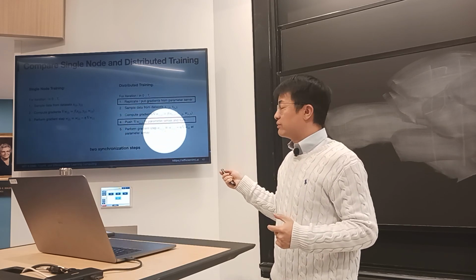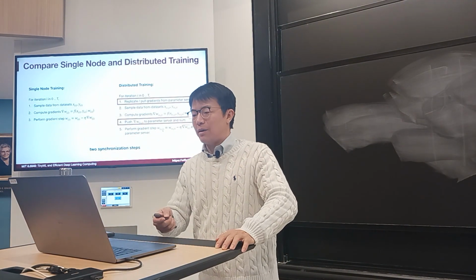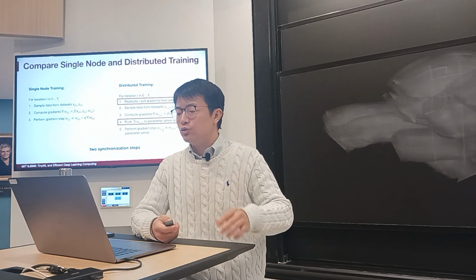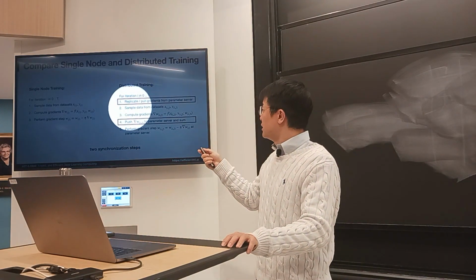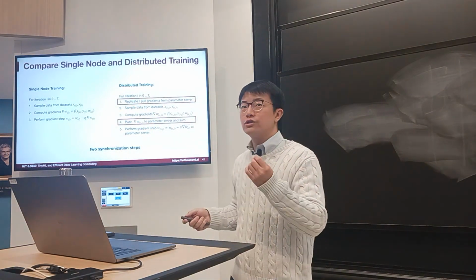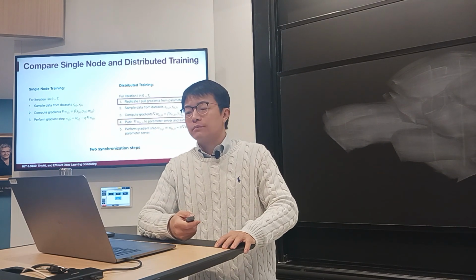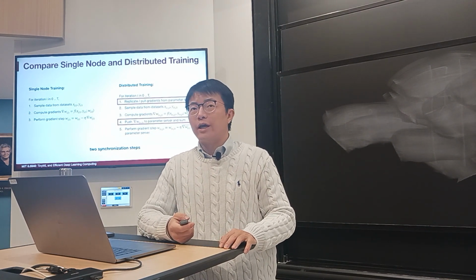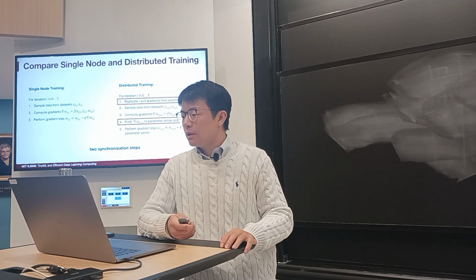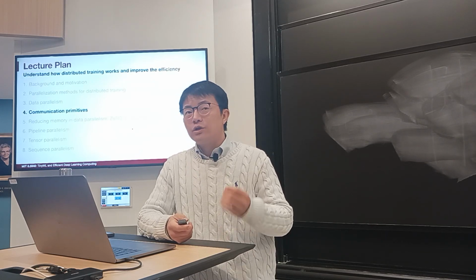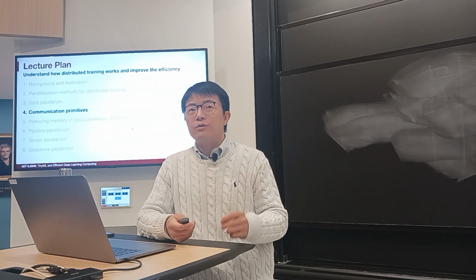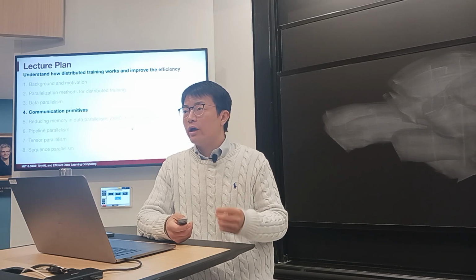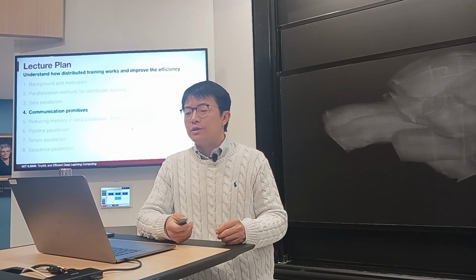And then the parameter server performs this gradient step. So there are actually 2 synchronization steps here in the red. Okay, so make sure each worker is synchronized. So synchronization has overhead. It's not free. So let's talk about these communication primitives and see how we can save this communication overhead.